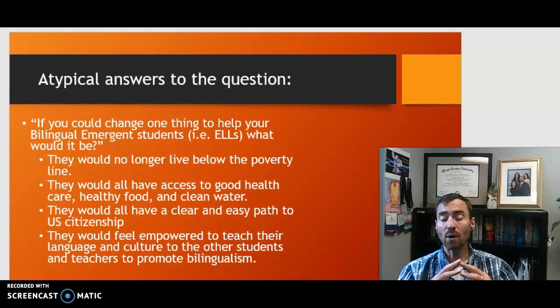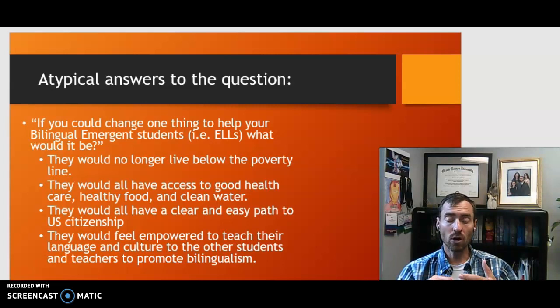Here are some things that I would say about my English language learners, my bilingual emergent students, whatever label you want to use. I would love for them to not live below the poverty line. I would love for them to have access to good health care, healthy food, clean water.